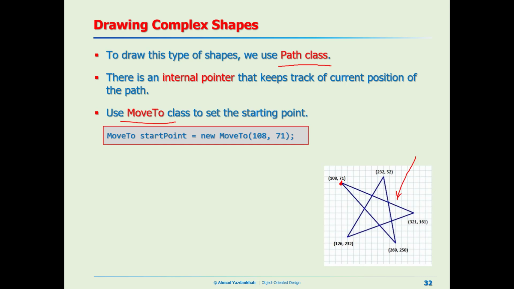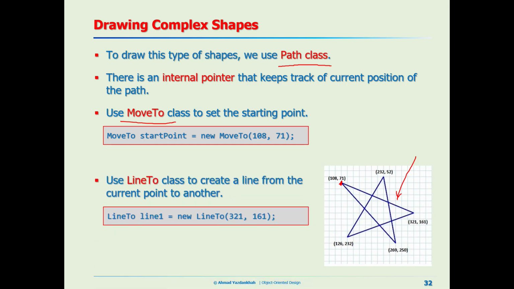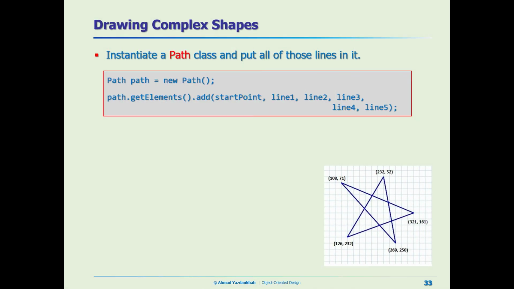So this is the move to, as I said, which specifies the starting point, and then we will use the line to, which is an object, right? To draw one by one these lines or whatever it is. Okay, and at the end we put all of these inside the path, something like this.